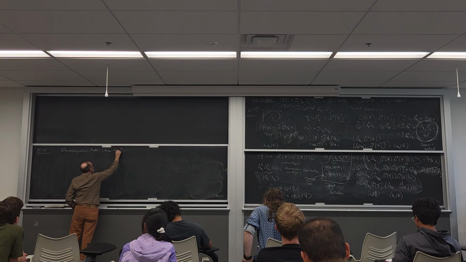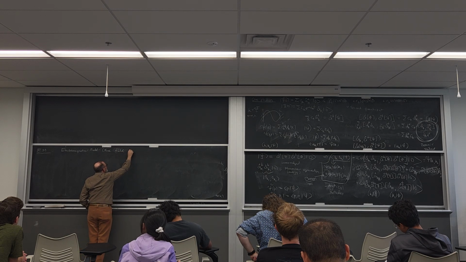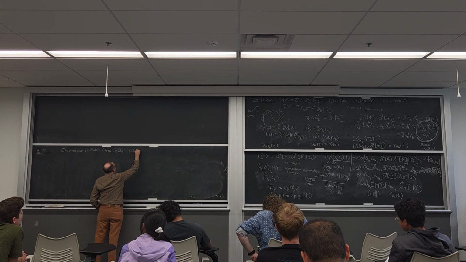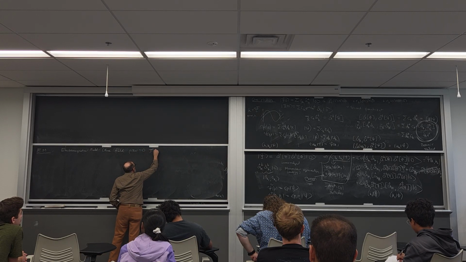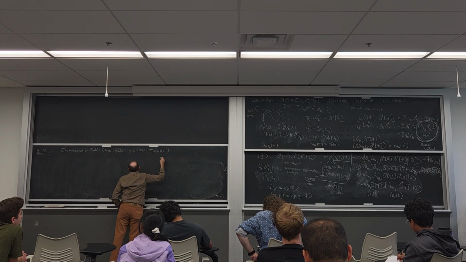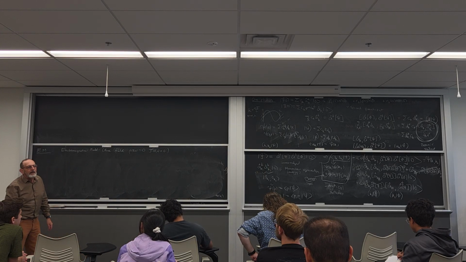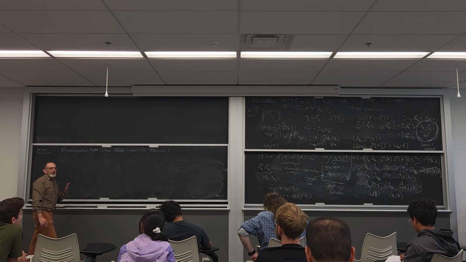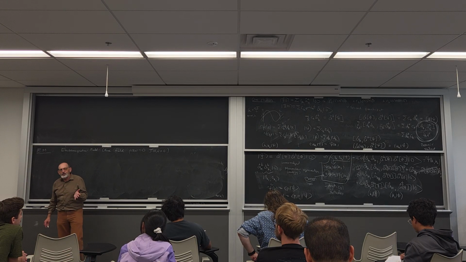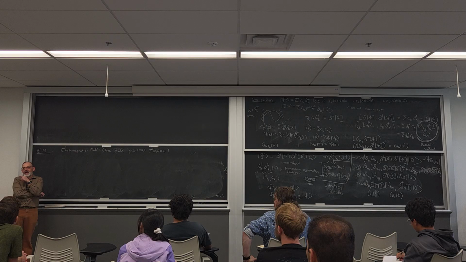The free field is where all the sources, the charge and current density, are zero. It's free from interaction with anything else. Okay? So now I want to write down Maxwell's equations for the electric and magnetic field with no sources.